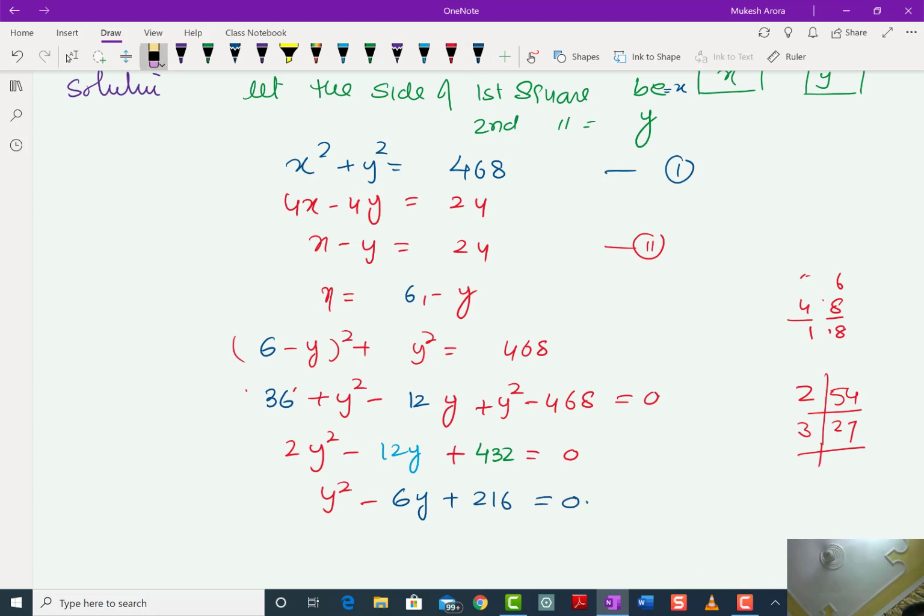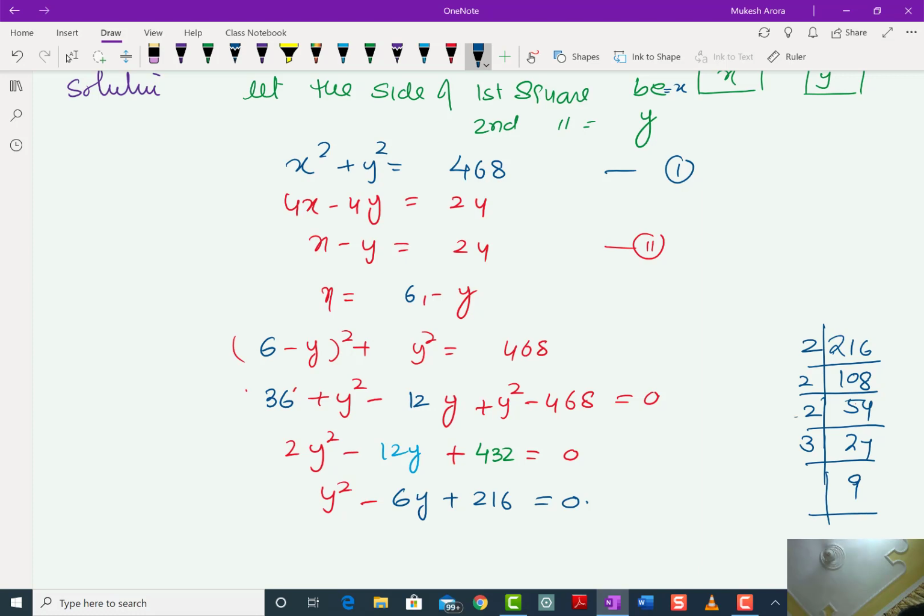Okay. So y square minus 18y plus 12y plus 260. We are able to solve.